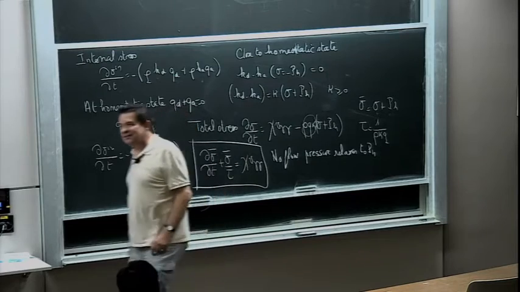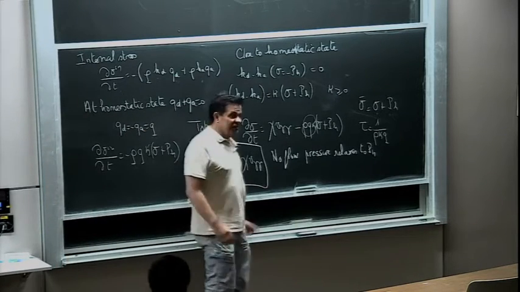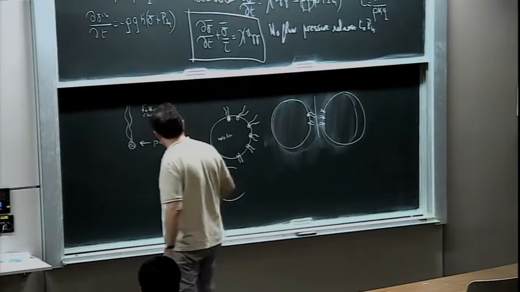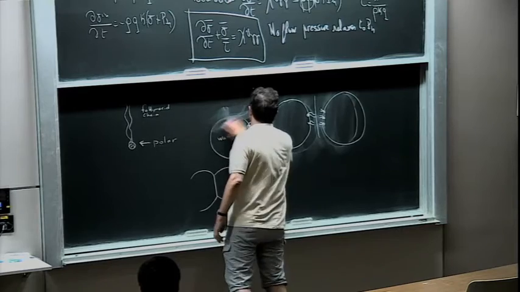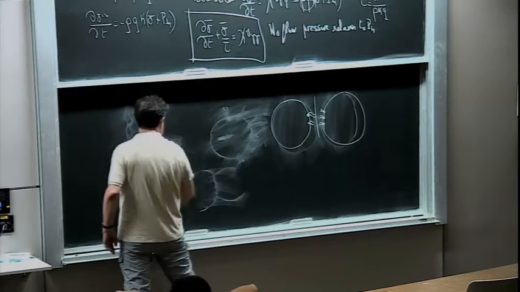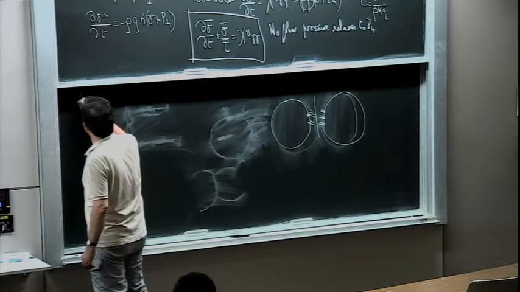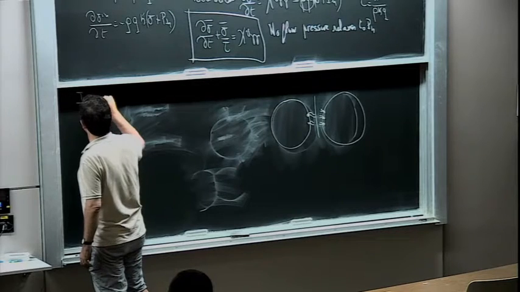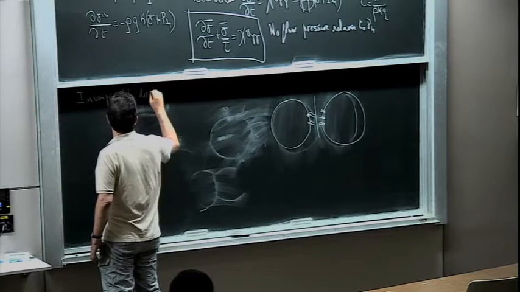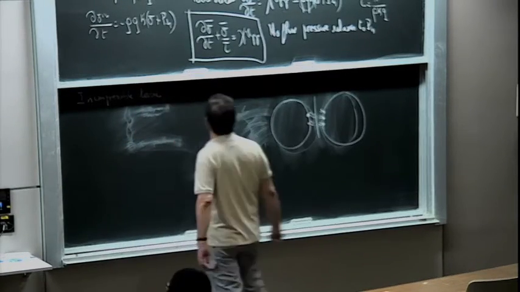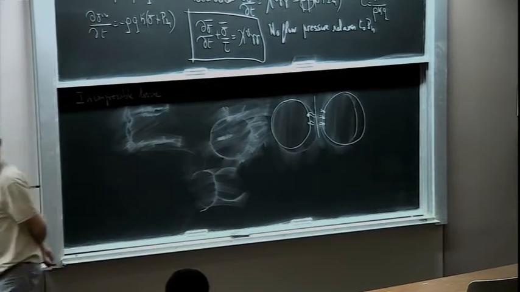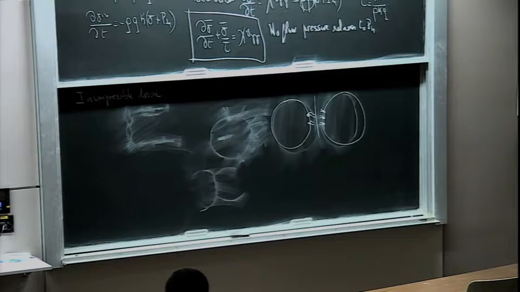There is another difference, which is if you consider an incompressible tissue. In an incompressible liquid, the divergence of the velocity is 0. That's the incompressibility condition.